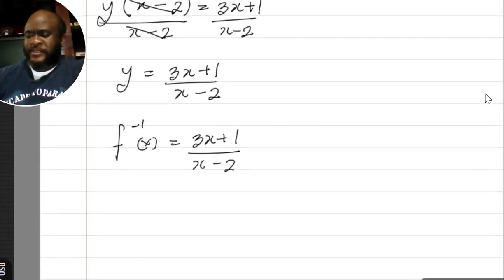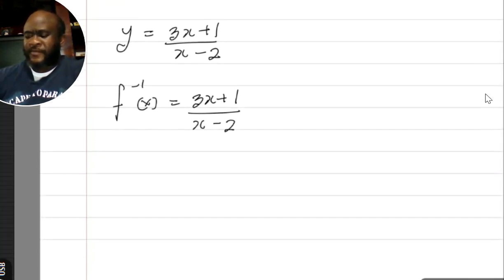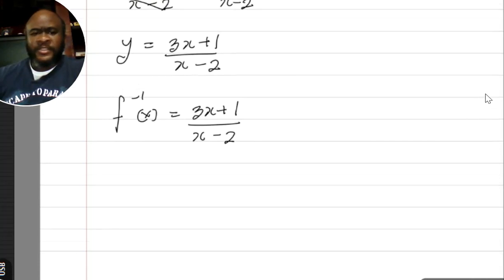Now, this is the function f inverse of x. This function is undefined whenever the denominator is equal to 0. So what we need to do is find which value of x is going to make the denominator 0. To answer the question, you're going to equate the denominator to 0. So x minus 2 is equal to 0.